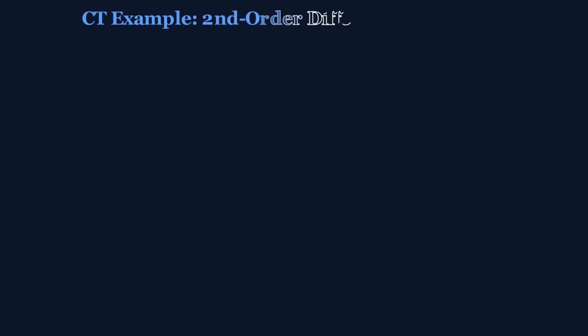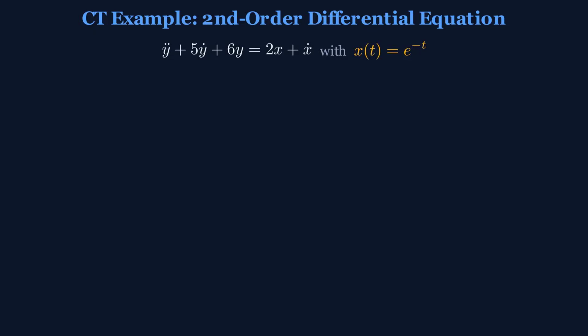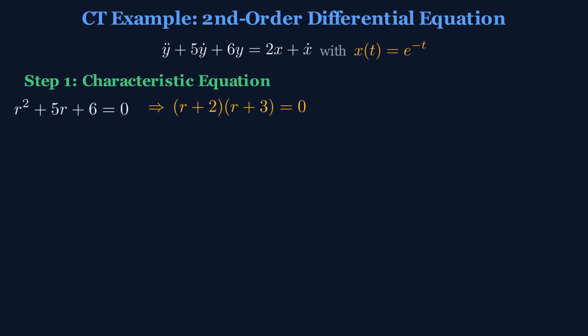Let's walk through a complete example. The differential equation is the second derivative of y plus 5 times the first derivative of y plus 6y equals 2x plus the first derivative of x. The input is x of t equals e to the negative t.